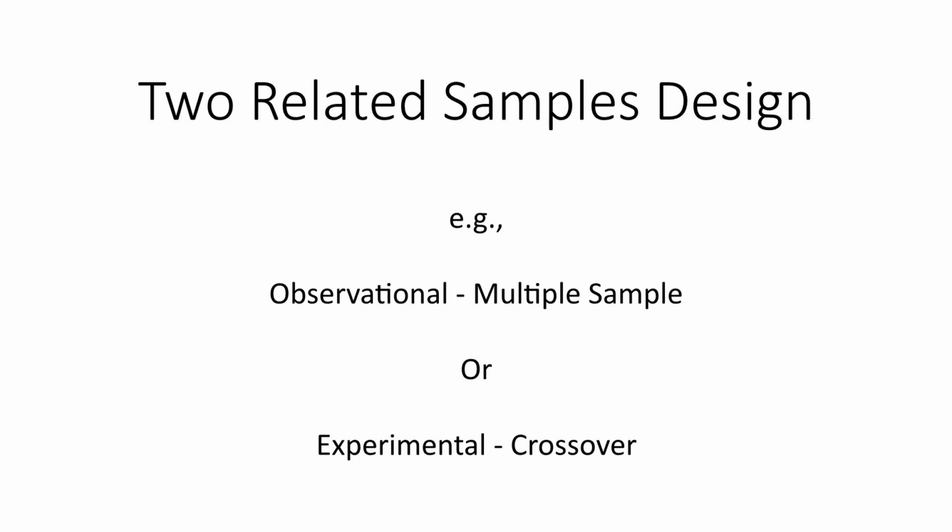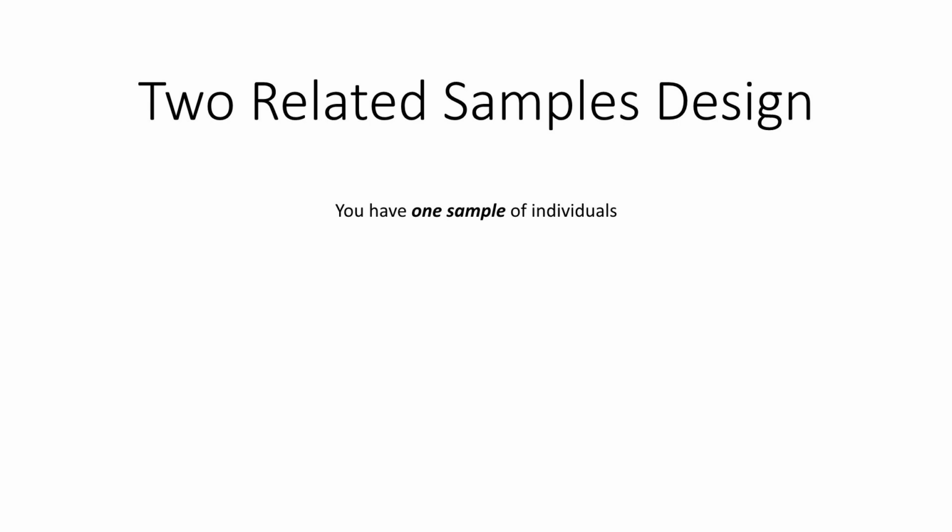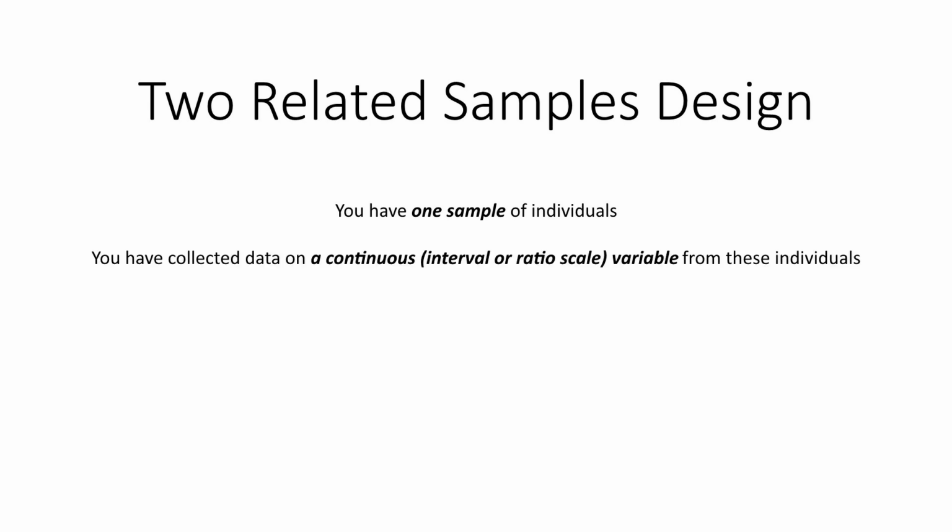Now, let me explain how you may have a study design that fits within these, but that you've got related data. So, typically you have one sample of individuals, though not always. I will provide an example that is slightly different to this as well. You will have collected data on a continuous variable from these individuals, but you've collected that data twice. So you've collected it under two conditions.